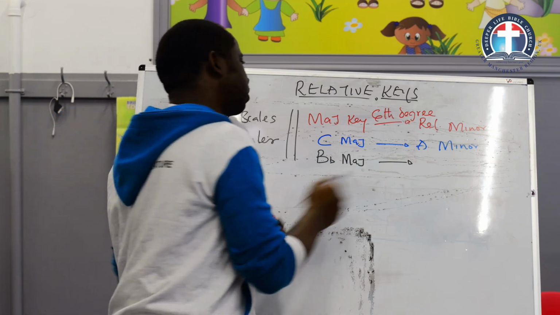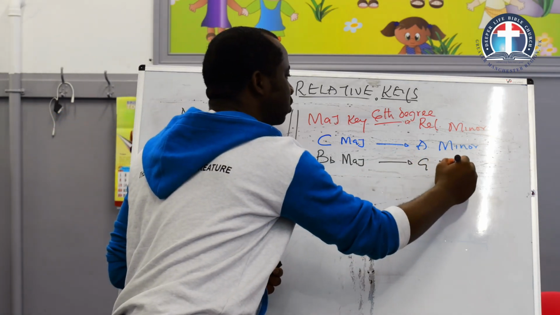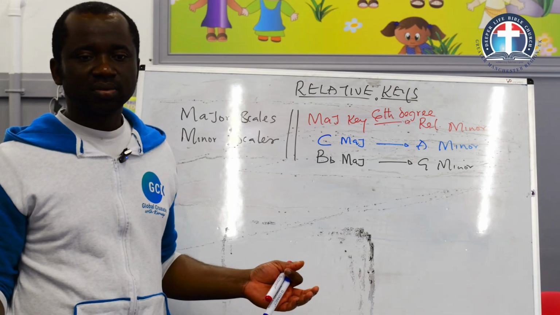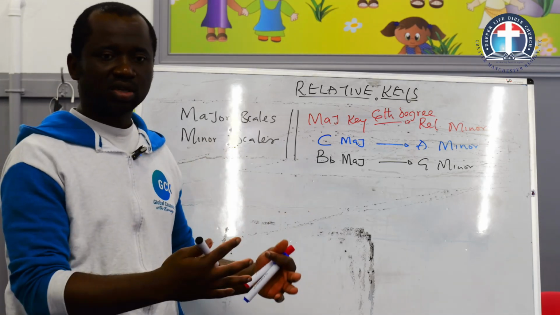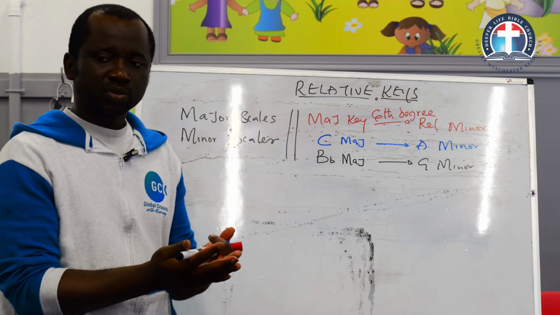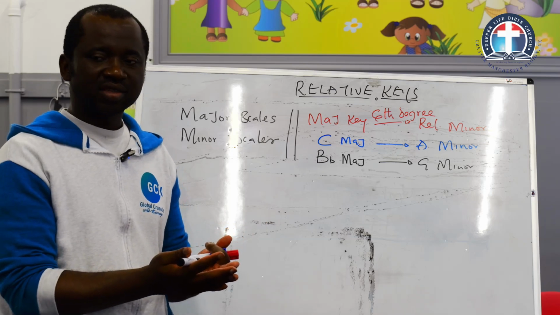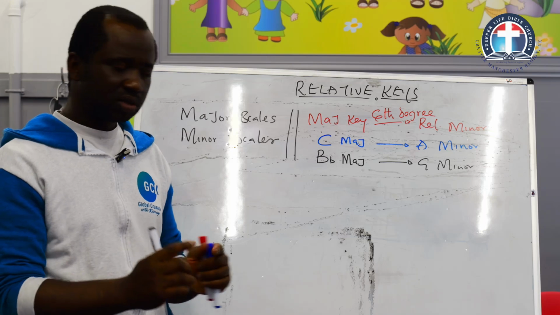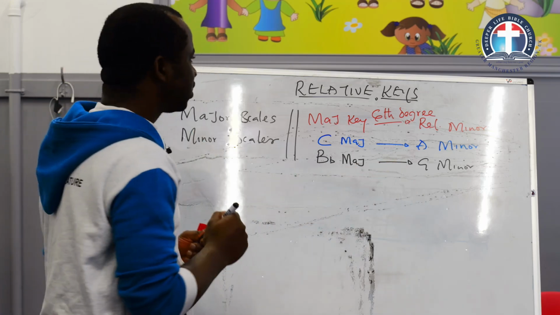G minor, yes. So it means they share the same key signature, and we're going to look at key signature later. They share the same key signature, which is what? 2 flats. And those 2 flats are B flat and E flat. So they share the same key signature.